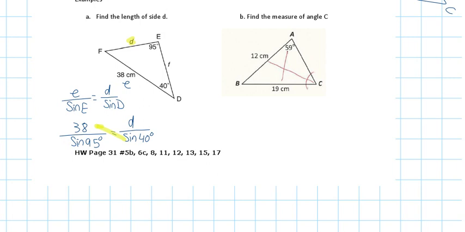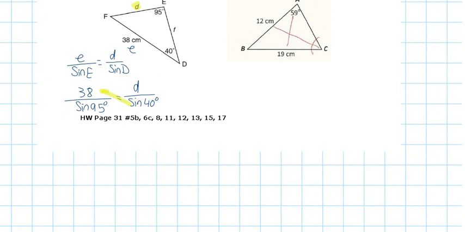So that will be 38 times sine 40 over sine 95 equals D. On the calculator, you're going to do 38 times sine 40 divided by sine 95.